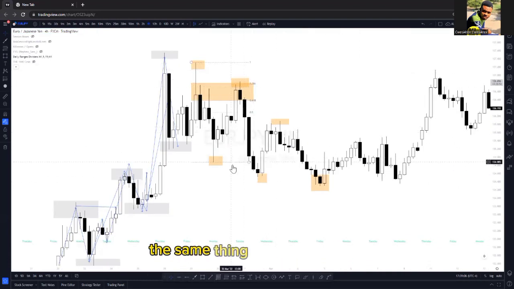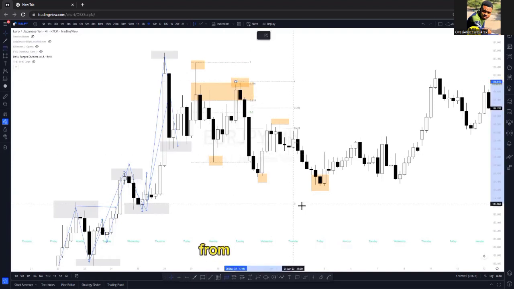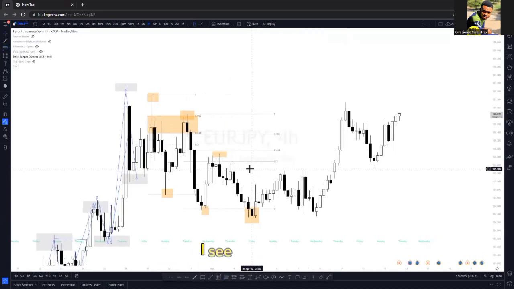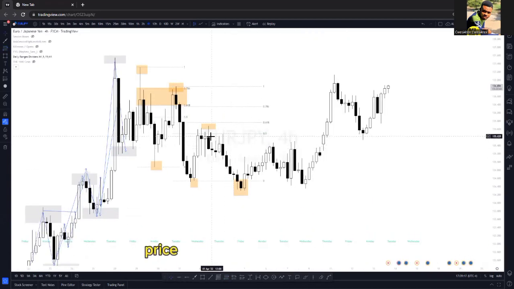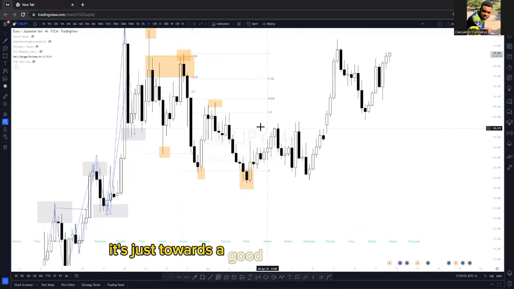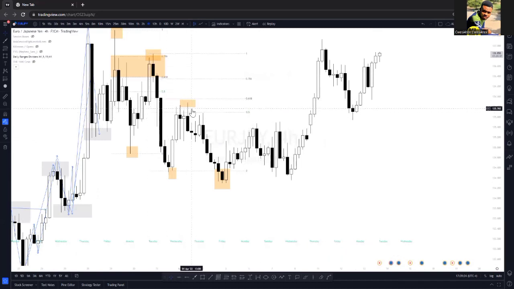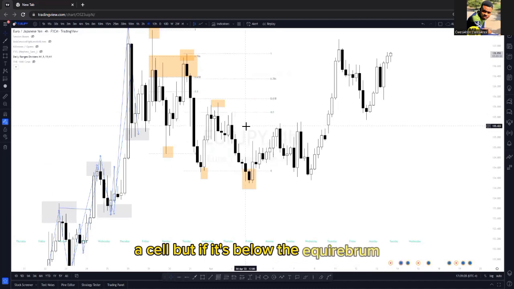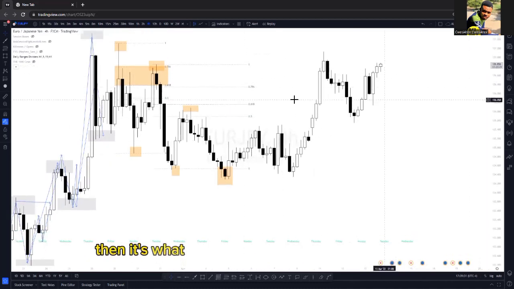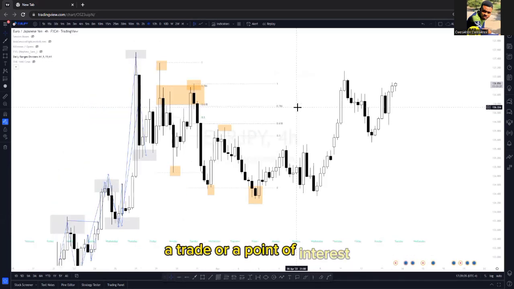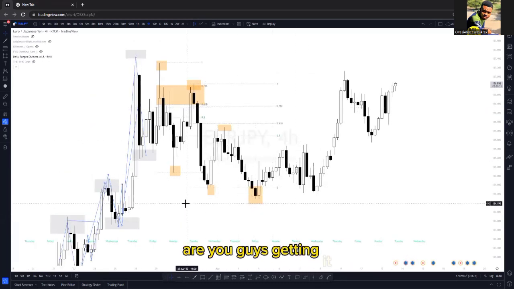The same thing you do over here, from here to here. What do you see? You can see price passing our equilibrium, right? So it's also a good point to look for a sell. But if it's below the equilibrium, then it's not a good place to look for a trade or a point of interest. Are you guys getting it?